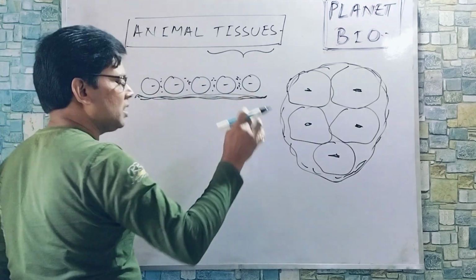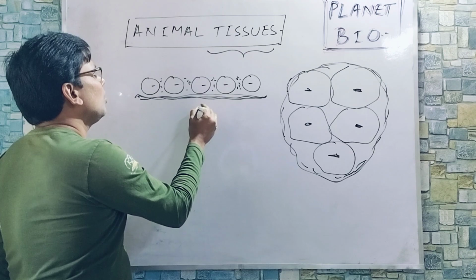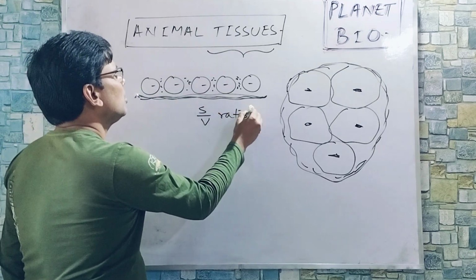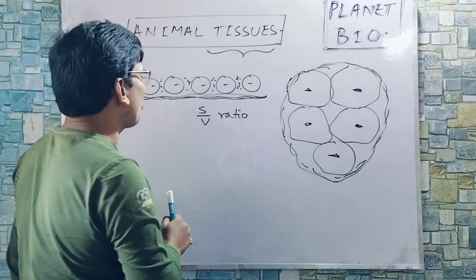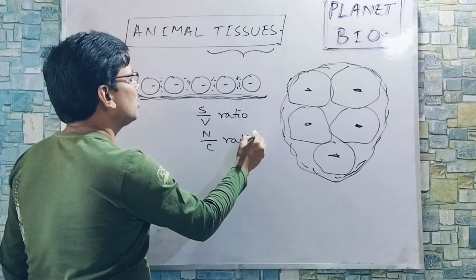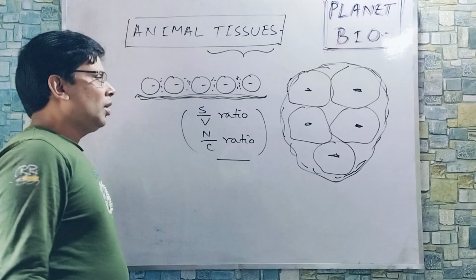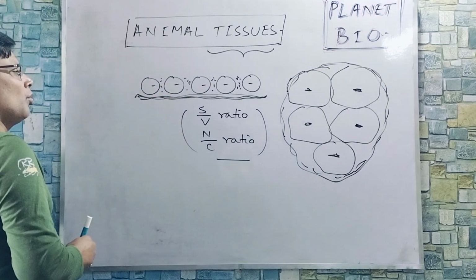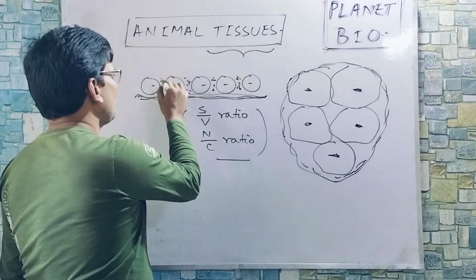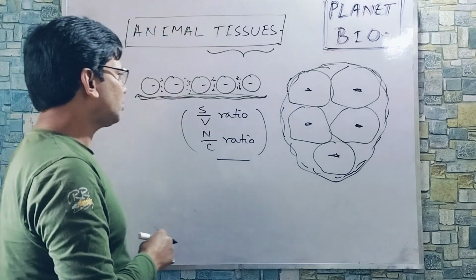In a group of normal cells, you can see surface upon volume ratio is properly maintained. Nucleus upon cytoplasmic ratio is properly maintained. So tissue is a group of cells with intercellular substance, that is a matrix, performing a normal, specific, definite function.